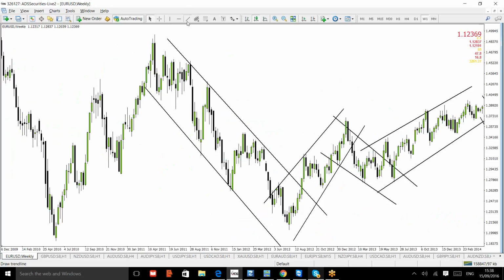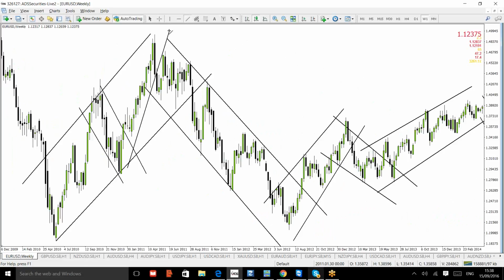Can you see this, guys? Sumit, do you understand this? Channels, always channels. Even within channels, the price moves in channels.